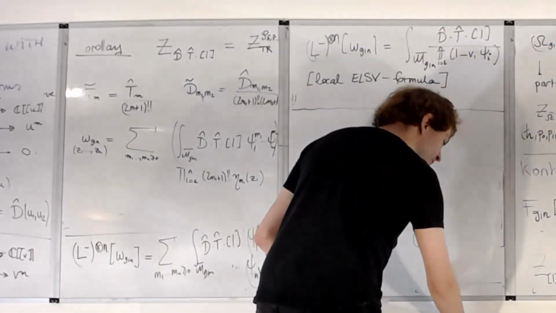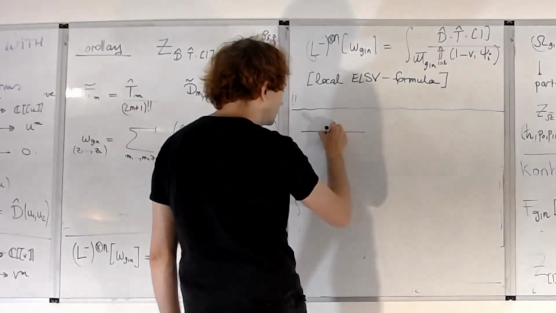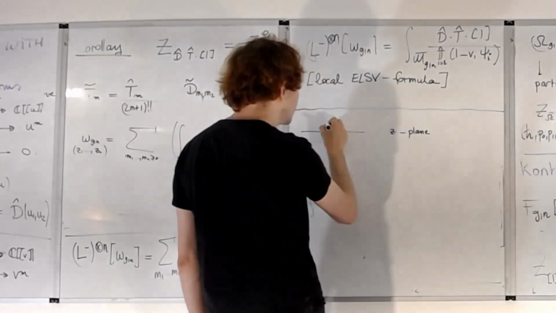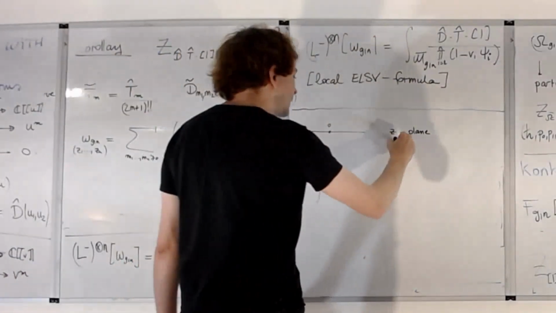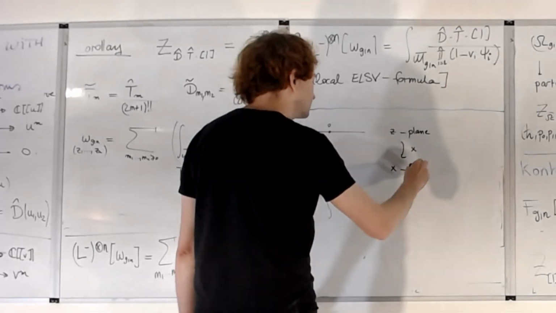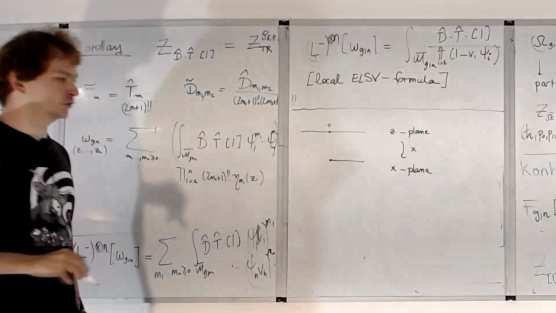So this is based on the following computation. So this is the z-plane. So the neighborhood of the branch point, which is here in the spectral curve. And I have the x projection. So here I have the x-plane. And so this thing gets mapped to here, the real positive axis.